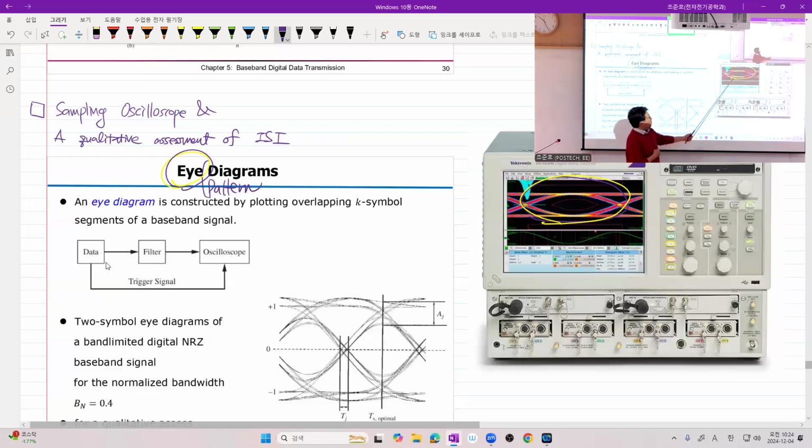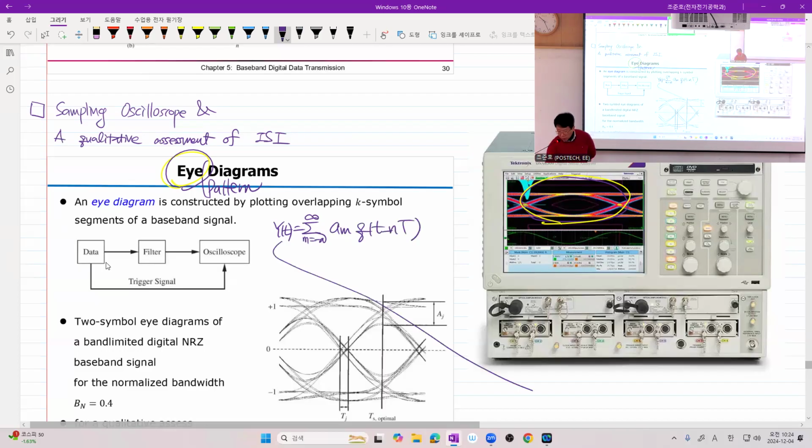However, you may observe something like this. And what is this one? So suppose you have already done some matched filtering so that you have the signal looking like this. And now this signal is fed to some input, probably here.